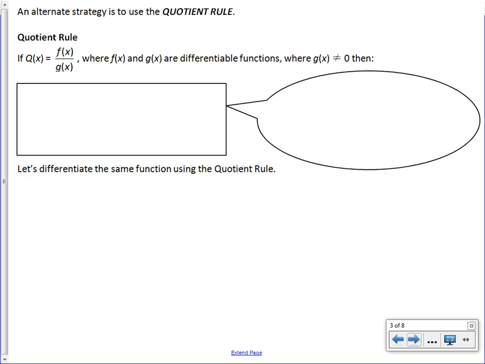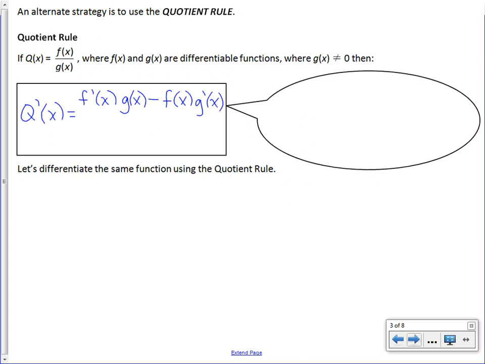It's not fully right. So the derivative, don't write yet, hold your horses: derivative of the top times the bottom minus the top times derivative of the bottom.